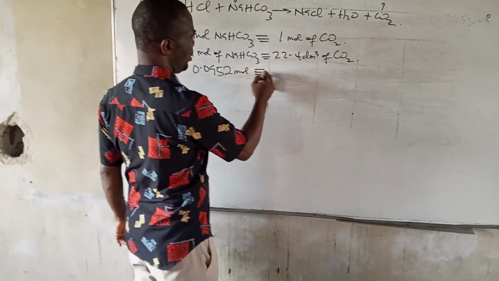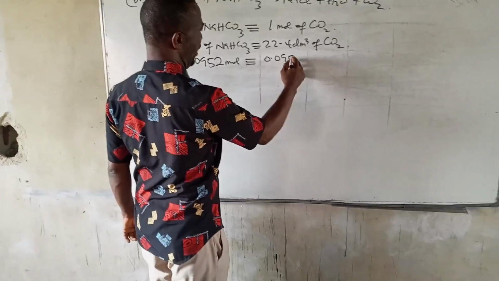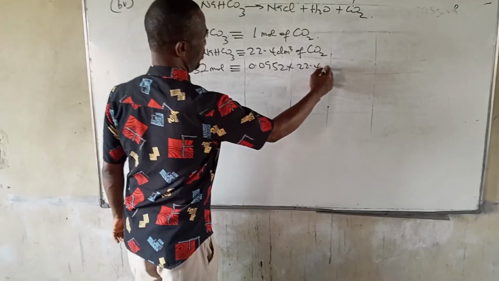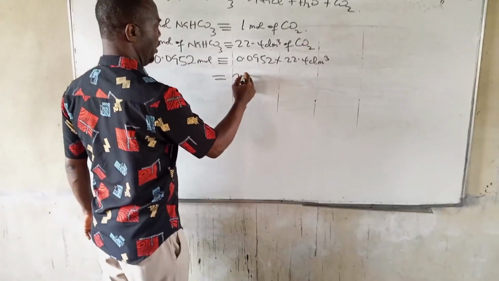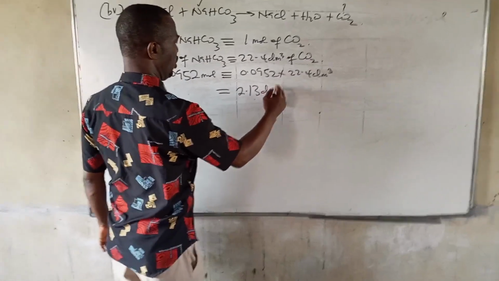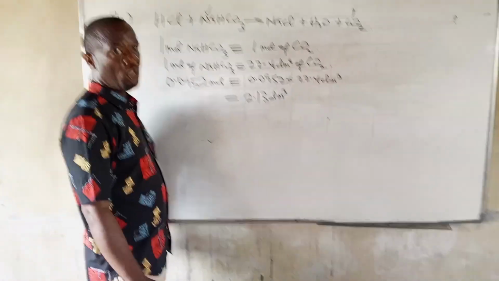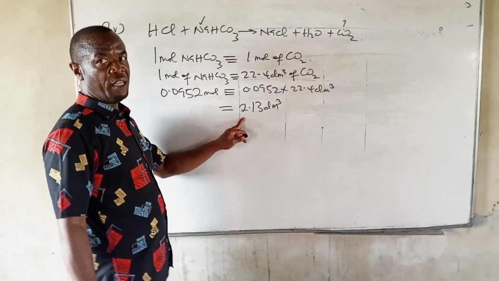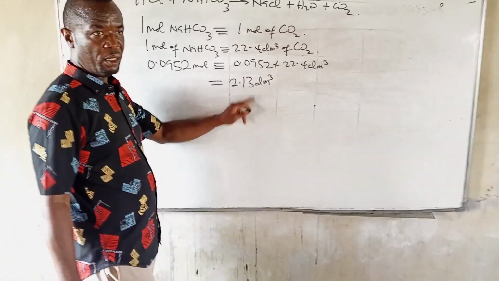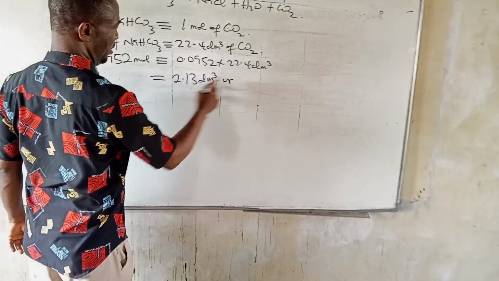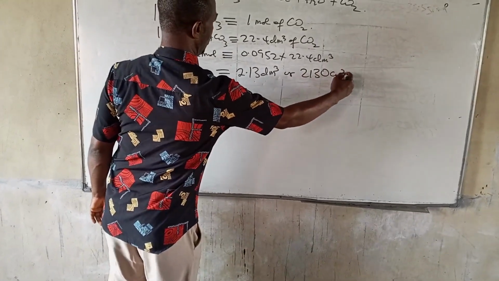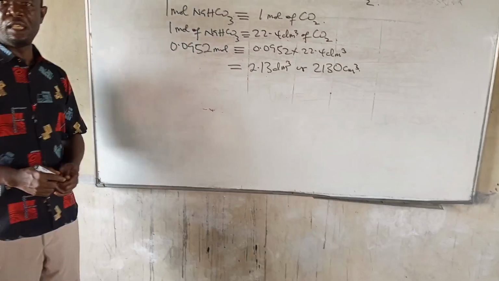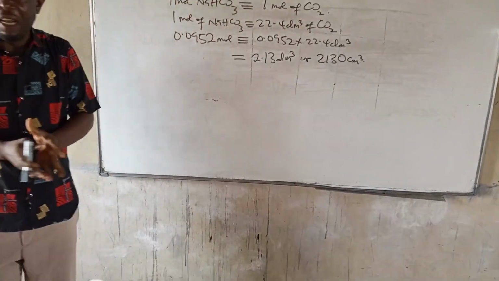We now liberate 0.0952 times 22.4 dm cube. And that will give you, of course, 2.13 dm cube as your final answer. If you wish to keep the answer in cm cube, multiply by 1000. That will give you 2130 cm cube.